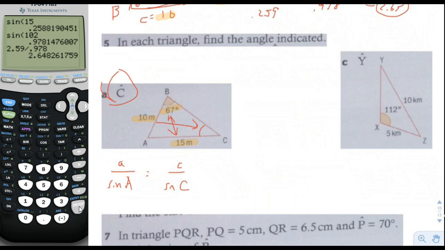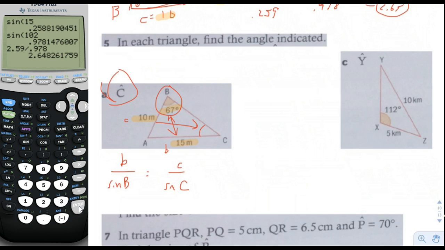Oh, actually, we're not going to use big A and small a. We're going to use big B and small b. Right? Because this is small b, and this is big B, and this is small c.